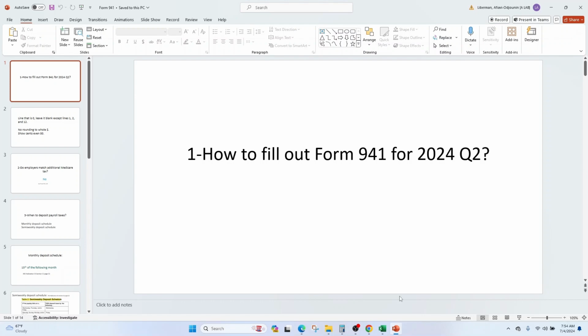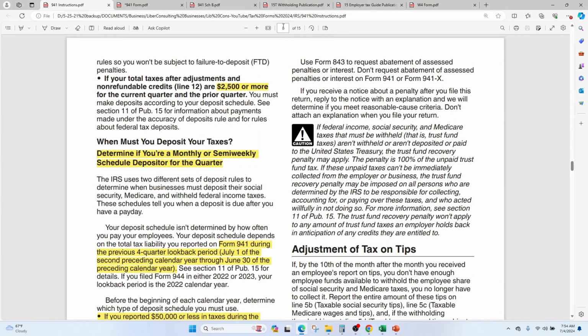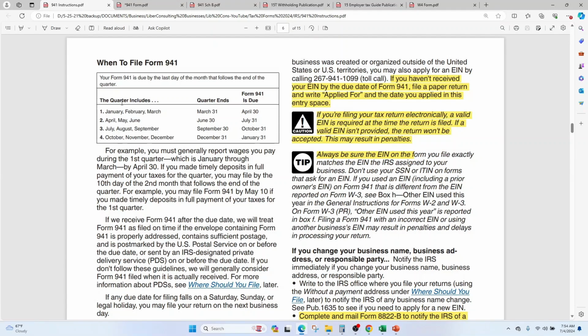So when Form 941 is due: Quarter 1 ending March 31st is due by April 30th. Quarter 2 ending June 30th is due by July 31st. Quarter 3 ending September 30th is due by October 31st.